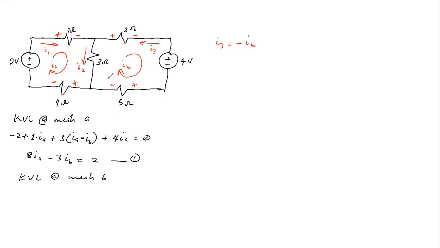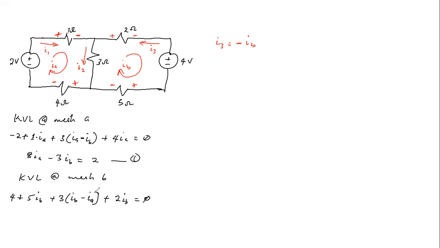Then we write KVL at mesh 2 or B. Mesh B, that will be, current flows into the positive terminal for the voltage source. So that's positive 4 plus 5 IB plus 3 IB, but this time IA flows in the opposite direction, minus IA, plus 2 IB.